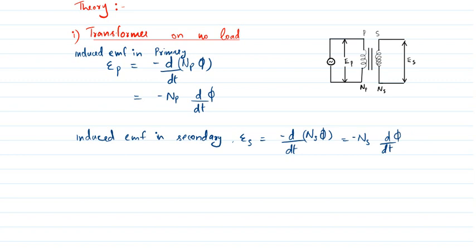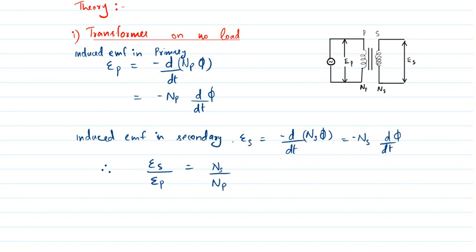So from this equation we can write the ratio between the EMF in the secondary and primary will be N_S by N_P.